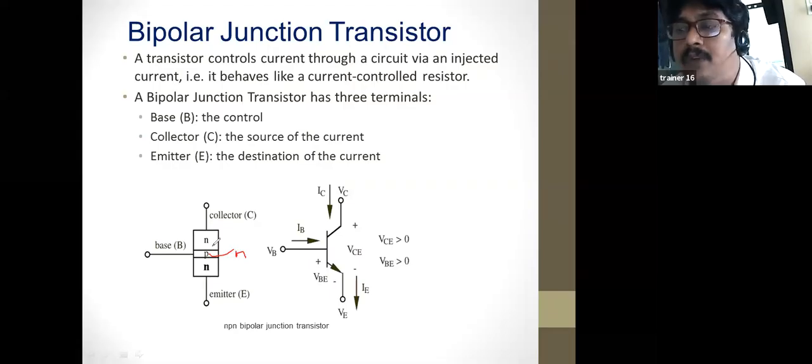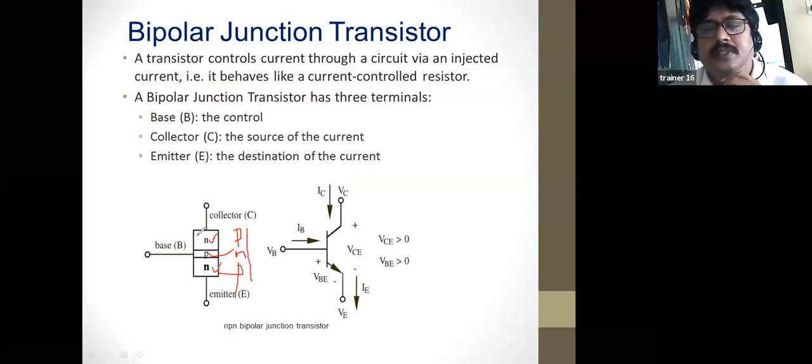See here, if P is in the middle, the opposite is N, N and N. Similarly, if you take N type semiconductor in the middle, then the opposite is P, both are P. So this one we can call an NPN transistor, and this one we can call a PNP transistor. This is NPN transistor and this is PNP transistor.